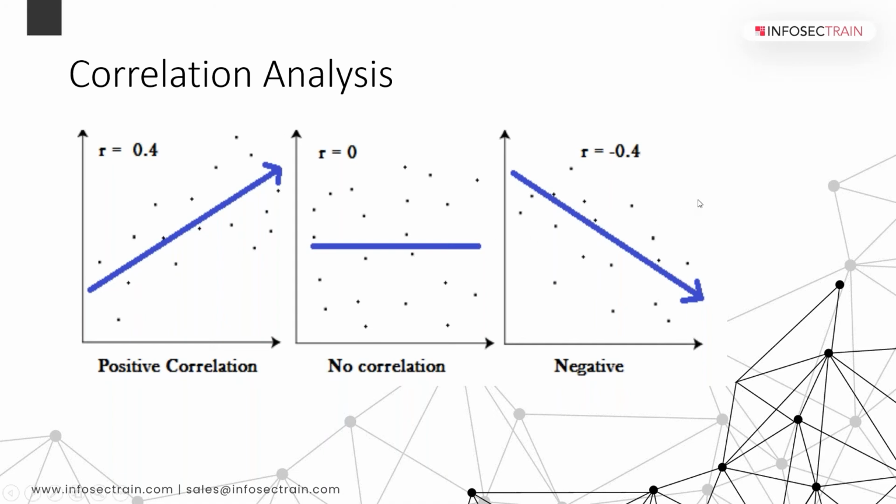And if the correlation coefficient value is between -1 and -0.7, then there is a strong negative correlation.